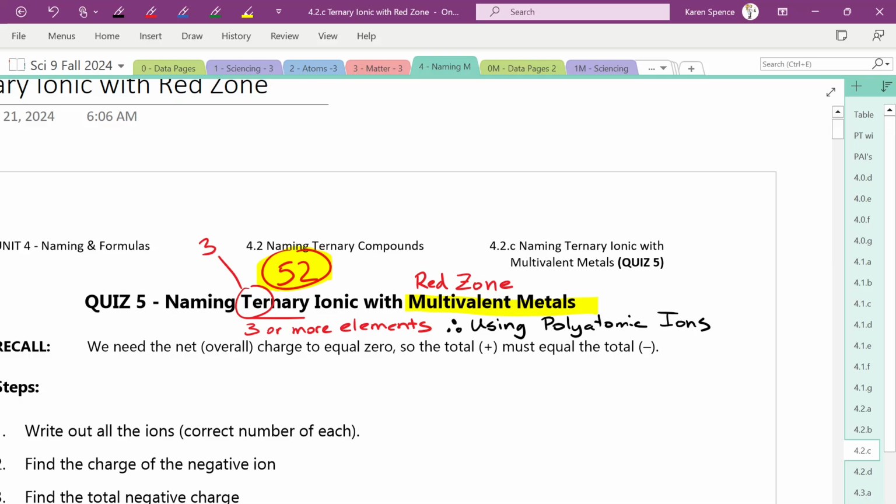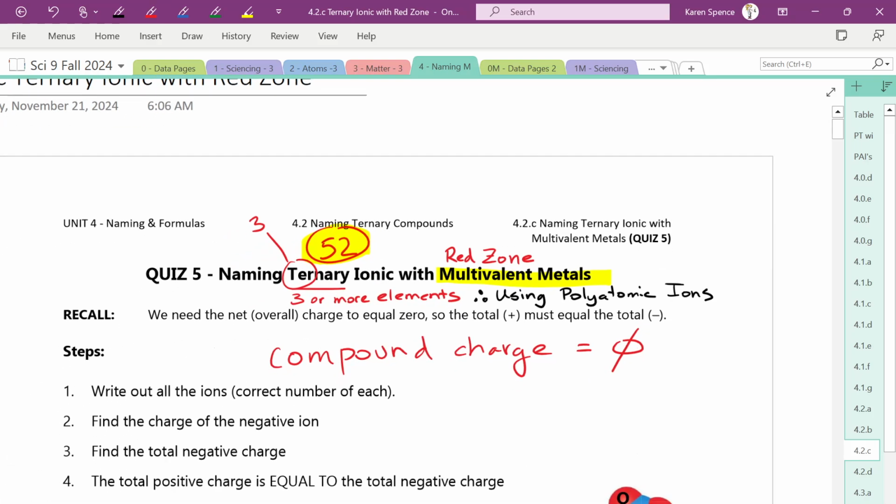So anytime we are naming a multivalent metal, we need to remember that our overall charge of a compound is going to be equal to 0. And if it's equal to 0, that means the total positive has to equal the total negative. They have to be equal and opposite.